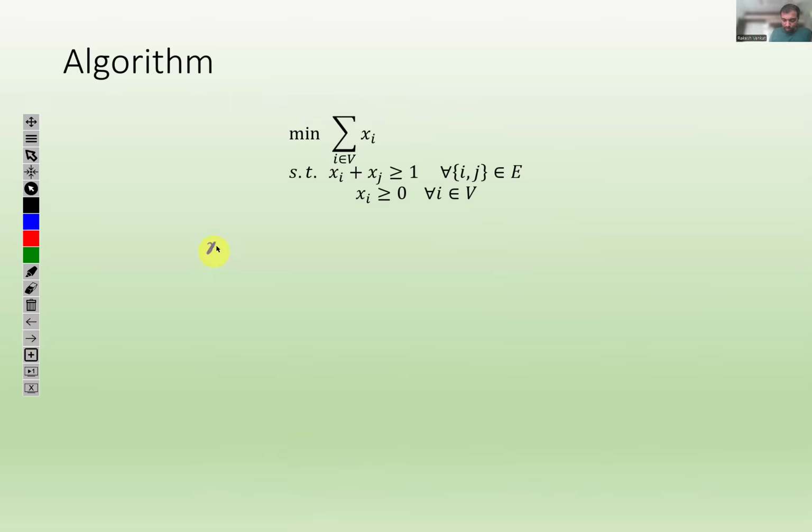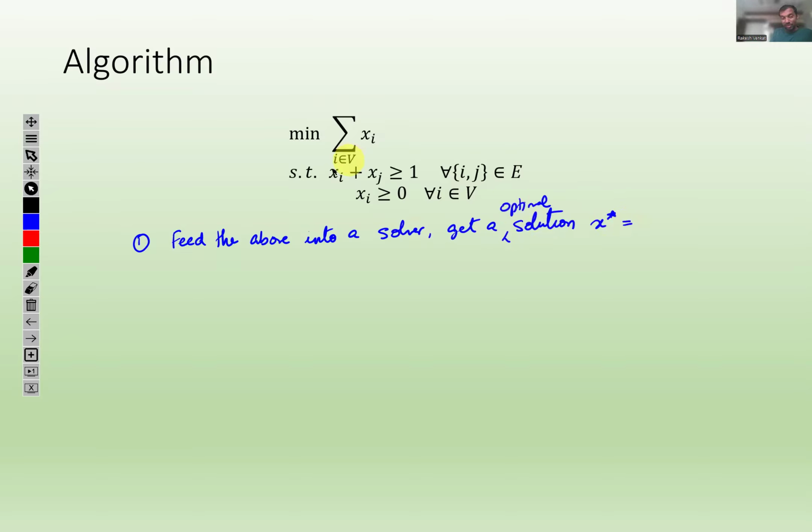So the algorithm is the following. Formulate this problem for a given input graph G. Feed the above into a solver. And you get a solution X star, which is optimal, but it's optimal for the LP. It's not the actual optimal solution. So I'll just write it.